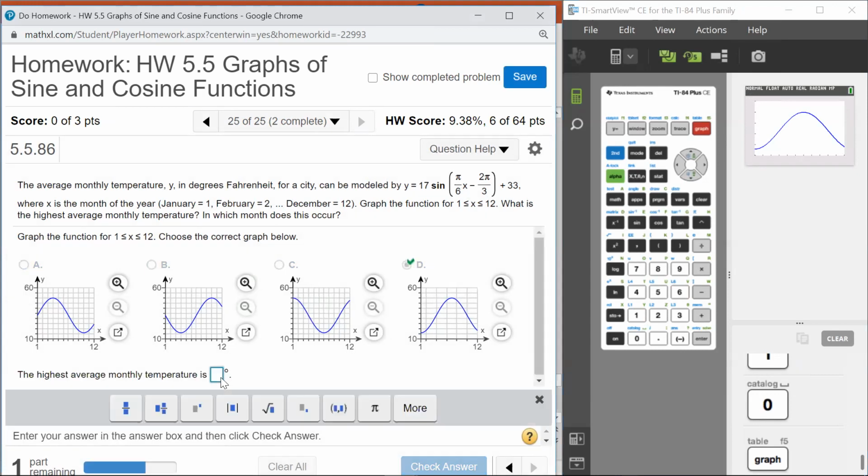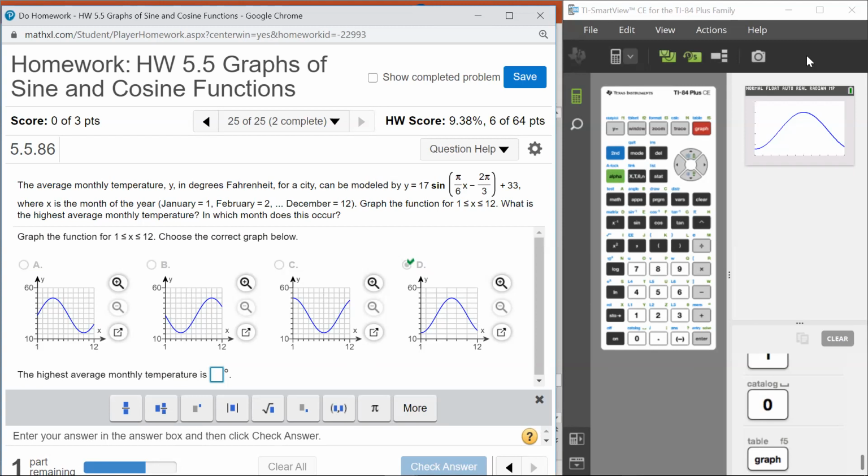And then it asks, what's the highest monthly temperature? According to this graph, if we go up, we have 1, 2, 4, 6, and it looks like the highest peak is right there.